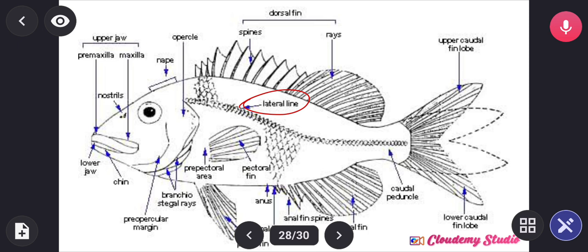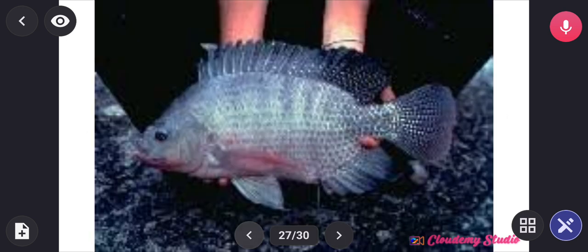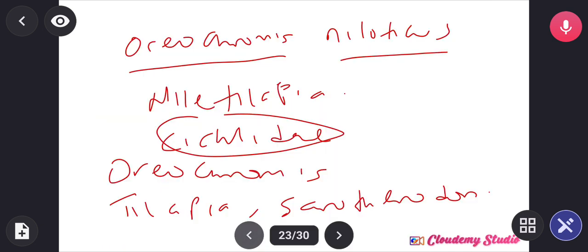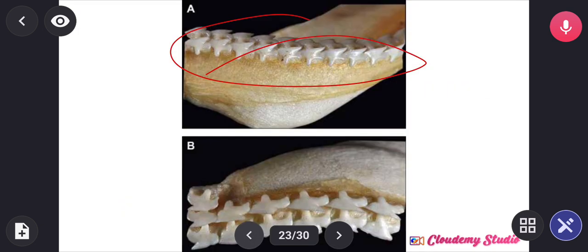From what we have said, we can see some marked differences between Chondrichthyes and Osteichthyes. What are the marked differences? In Chondrichthyes, the endoskeleton is cartilage, but in Osteichthyes, the endoskeleton is bone.